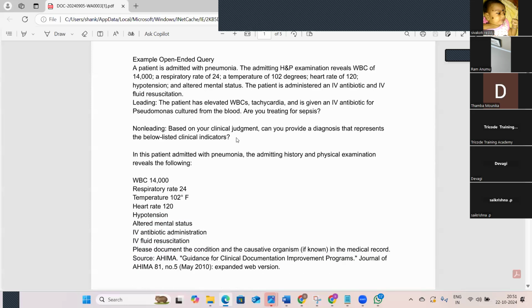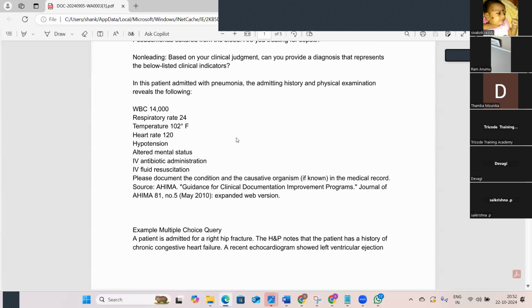We are not giving any option to the physician, so we call it open-ended. The physician then comes with his own response, maybe telling us directly whether the patient has sepsis or not. That is clear, right?